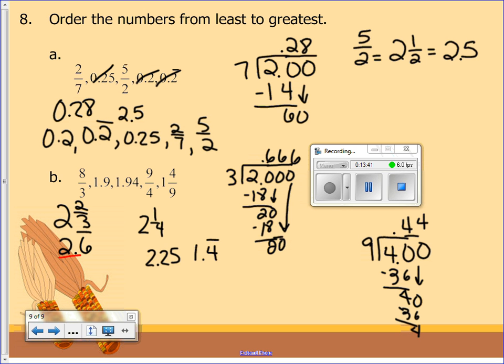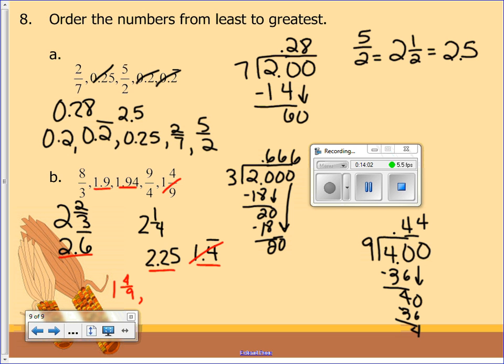So now that I can compare, I'm going to underline the numbers that we will be comparing, but putting them in the original format. If I'm going from least to greatest, my smallest would be 1 4/9.